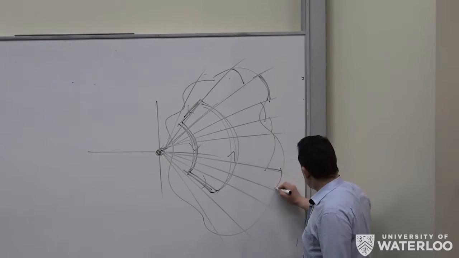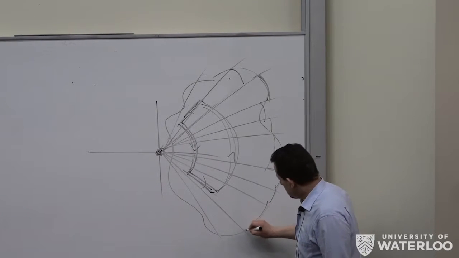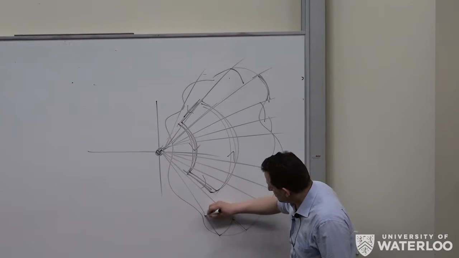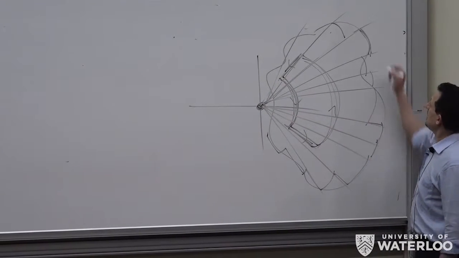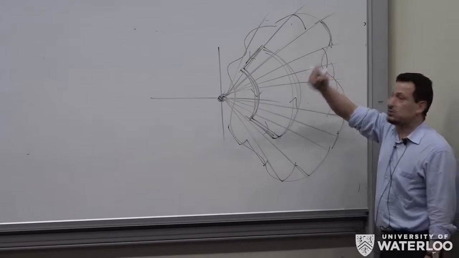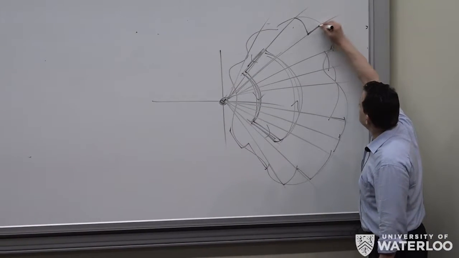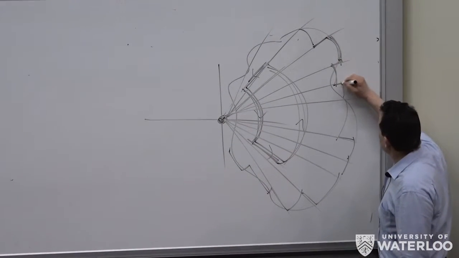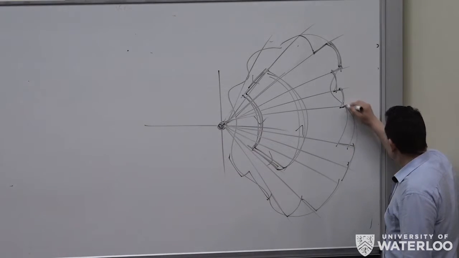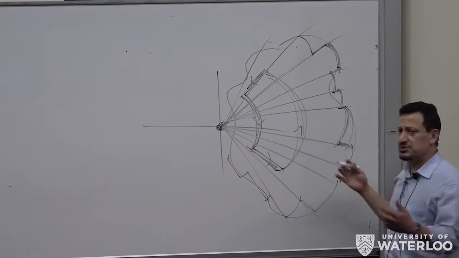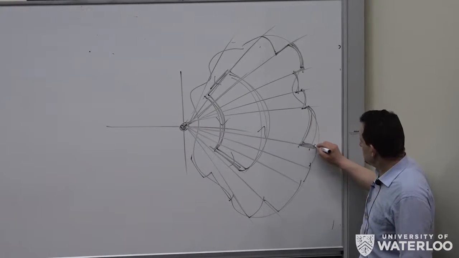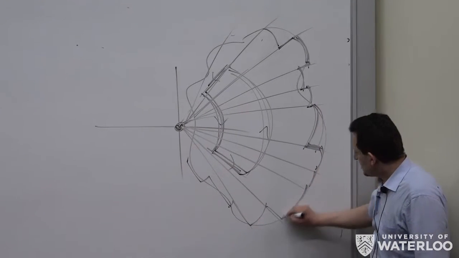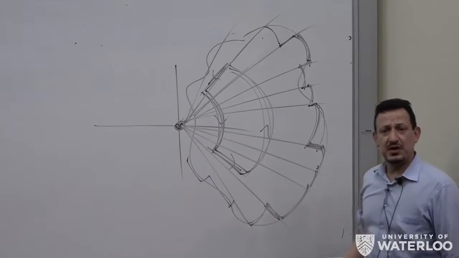An arch, go down, arch, go down, arch, and so forth. If you want to close the loop completely, you have these radials that connect these arches. You're not responsible for these proofs, but if you ask me, I will answer you. So you have radial, arch, arch, arch, radial, and so forth.